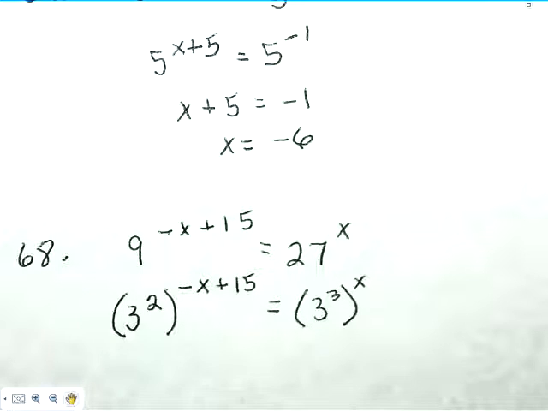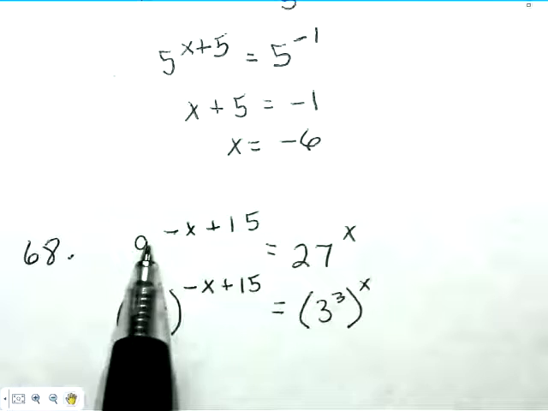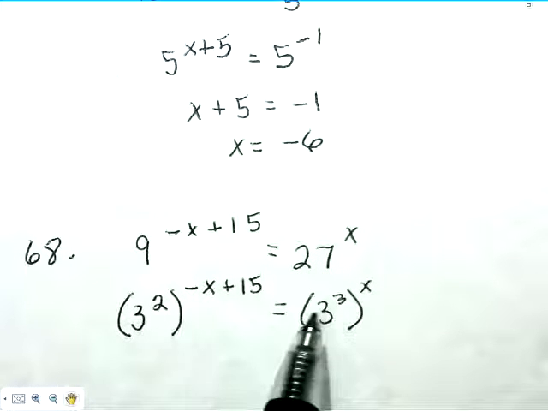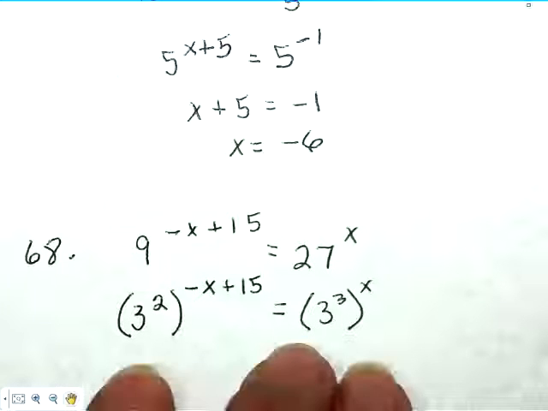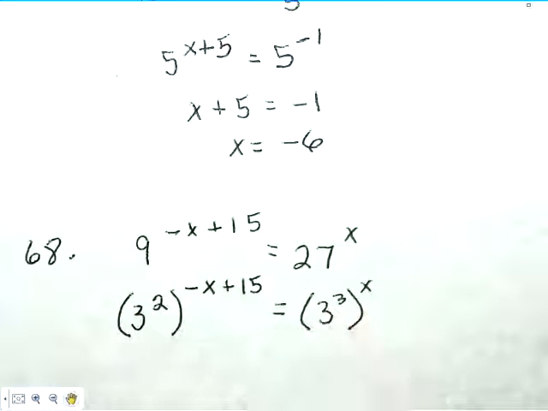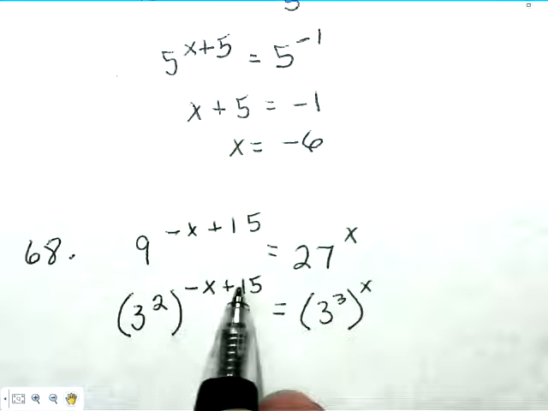All I've done is make the substitution. 9 is the same thing as 3 squared, and 27 is the same thing as 3 cubed. But as long as those parentheses are there, this is still base 9, and that's still base 27. How would I remove those parentheses? When I raise a power to a power, what do I do with the exponents? You multiply them.